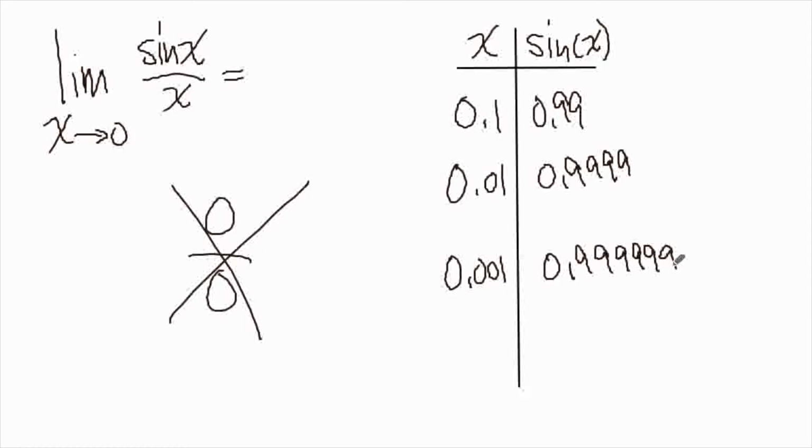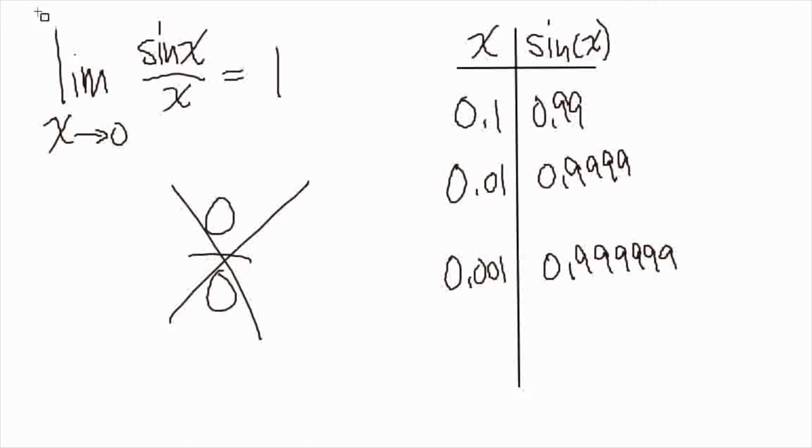If you did it from the negative side, you would get the same thing. You would still get the value approaching 1. Because it approaches 1 from both directions, we say that the limit is 1.